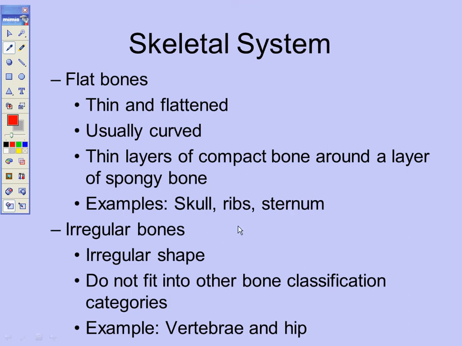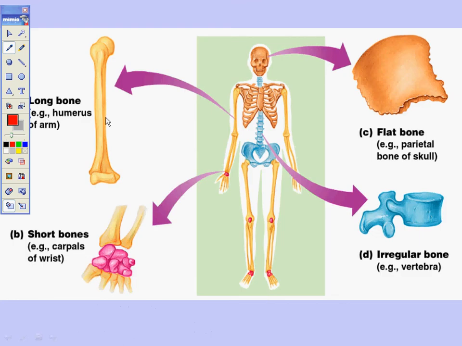And irregular bones are going to be some of the bones that really don't have a good shape that we can put into any of these other categories. Basically, if it doesn't fit into any of the other classification categories, it's going to be an irregular bone. And here's some examples: a long bone, short bones, a flat bone, and an irregular bone like a vertebra.